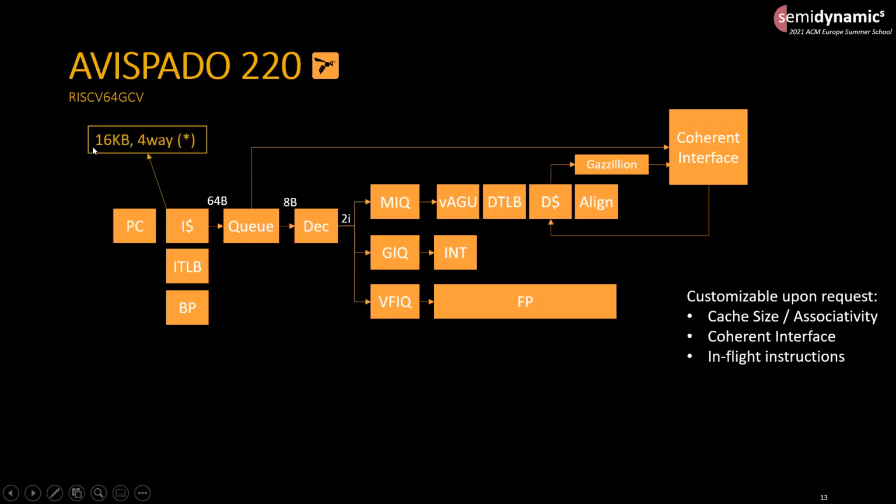The iCache is 16 kilobytes 4-way, and when you see a star next to something, it means that's customizable. So we, being someone that sells IP, if a customer comes and says 16 kilobytes is too much, I can live with 2 kilobytes, we'll happily change it for the customer, right? The ITLB, that's important.